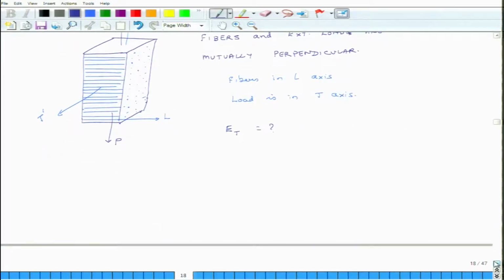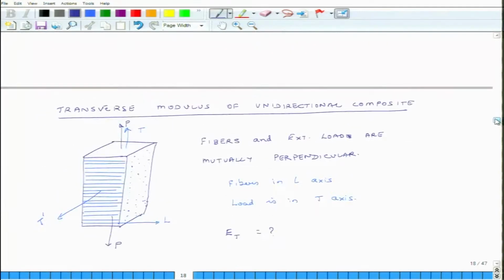Now, in the case of the longitudinal modulus, we assumed that the strain in the fiber, the strain in the matrix, and the strain in the composite are the same. In this case, we cannot make that assumption, because you can visualize that as I apply this load, there are layers of matrix and fibers.